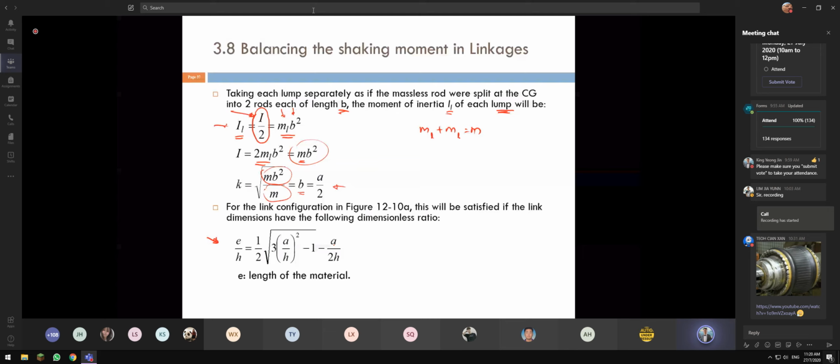So this is the formula given. Unless you are keen to find out this, you have to study this geometry.